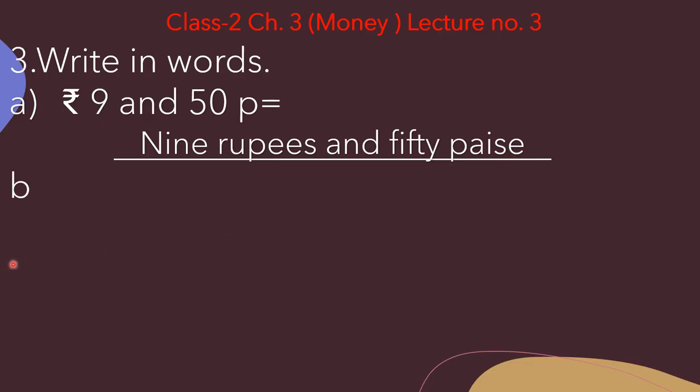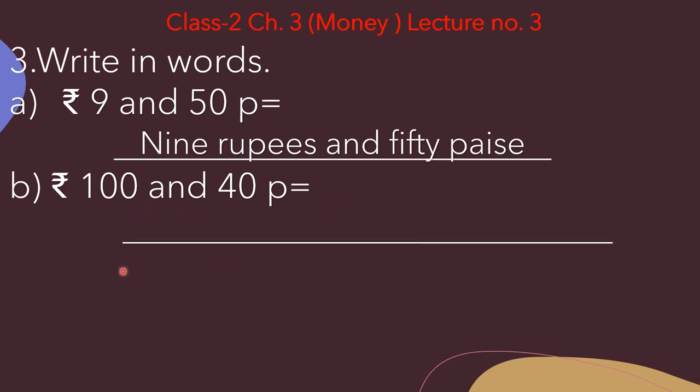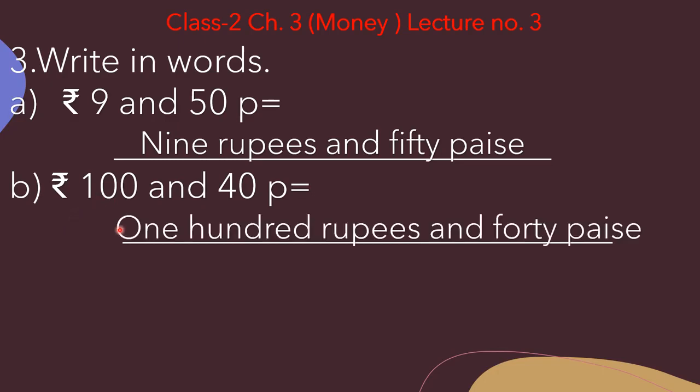Understood? Now B part. Here it is given rupees 100 and 40 paise. So here we will write the spelling of 100, ONE HUNDRED RUPEES and FORTY PAISE. Okay, 100 rupees and 40 paise.